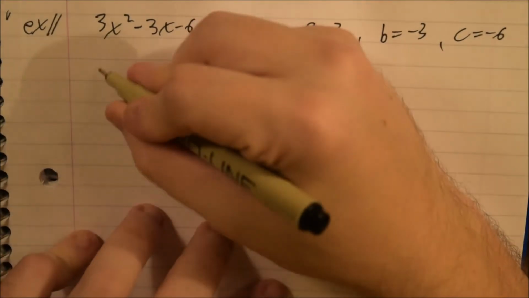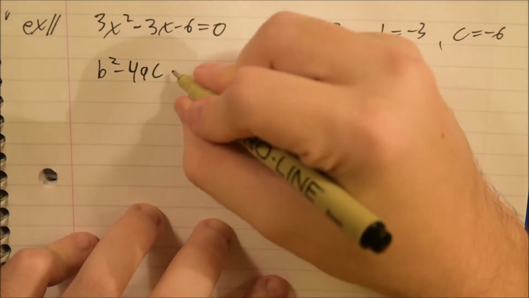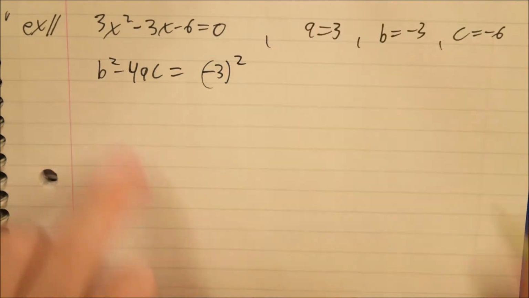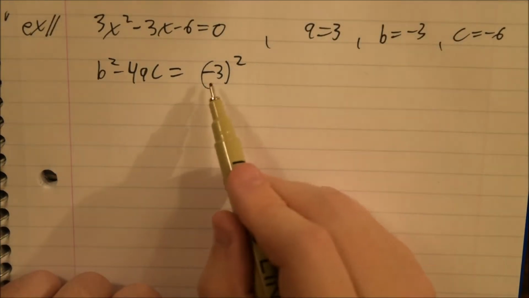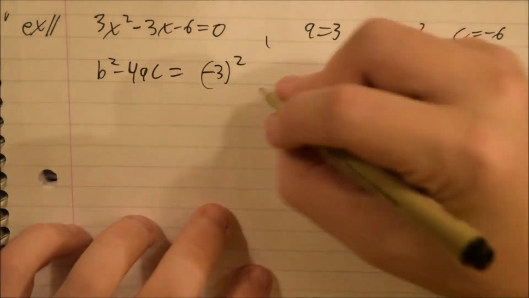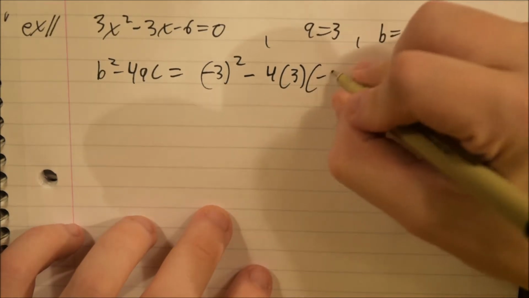Now I write down the discriminant: b squared minus 4ac. In this case, it's equal to negative 3 squared, and it's super important that I have the negative 3 squared to get rid of that minus sign when I square it, then minus 4 times 3 times negative 6.